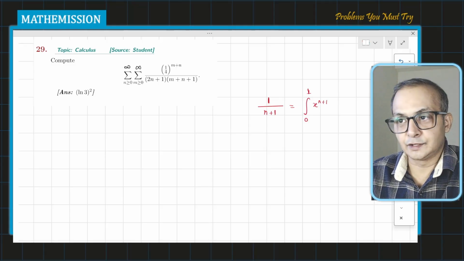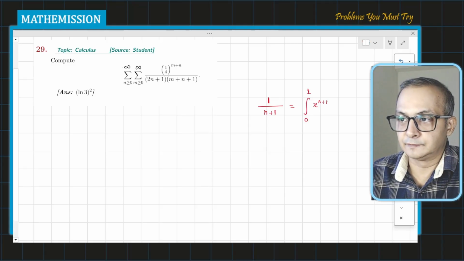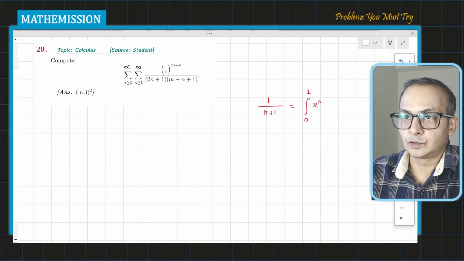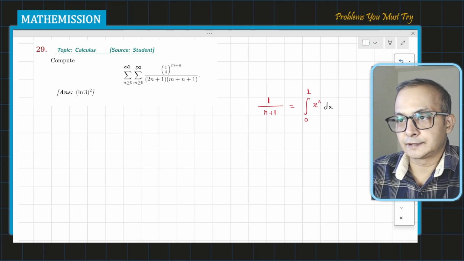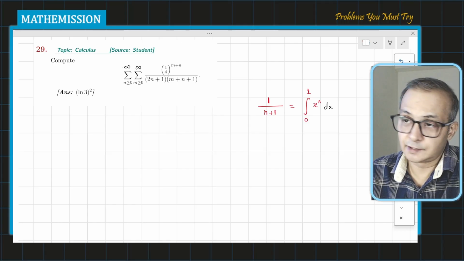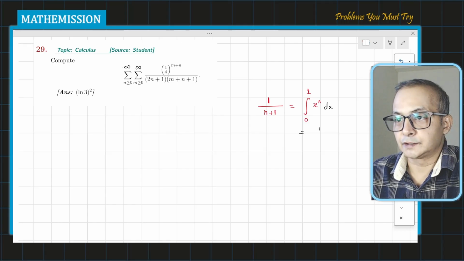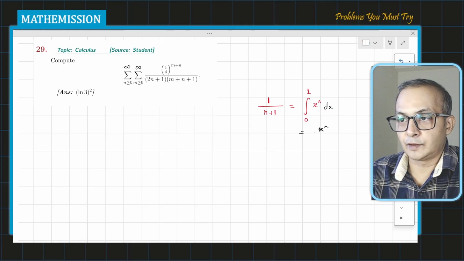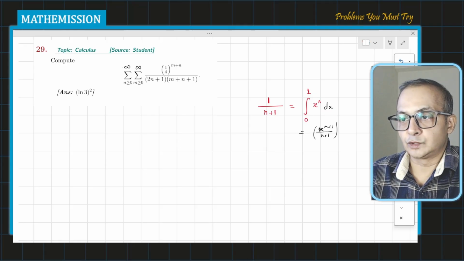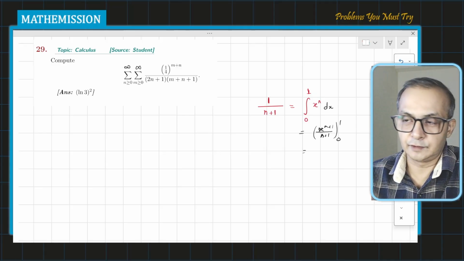And here, when you integrate, we get x to the power n plus 1 by n plus 1. When we substitute the bounds 0 to 1, we get exactly 1 by n plus 1.